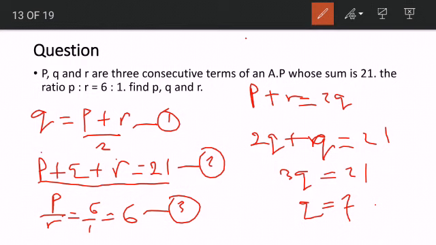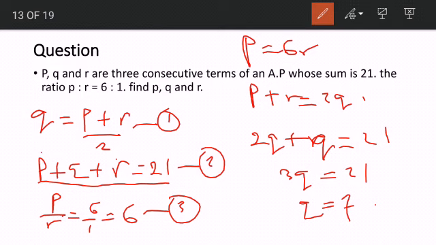Now we can go ahead to find R. Remember, we said that P over R is equal to 6. So we can say that P is equal to 6R, which is true when you cross multiply.